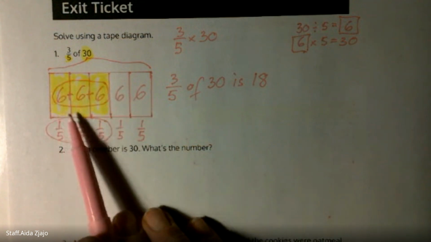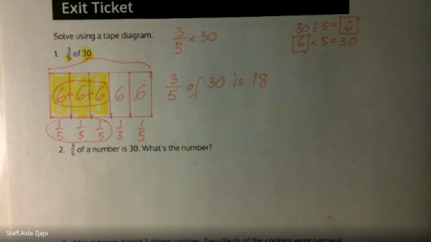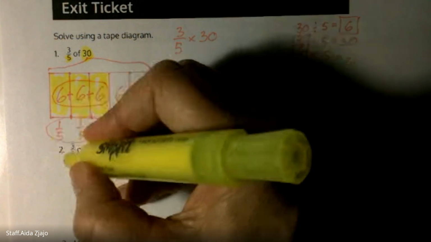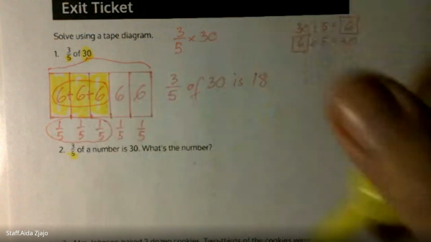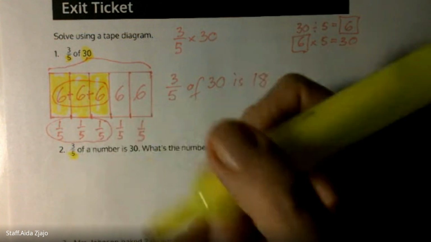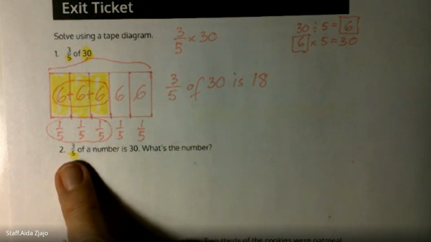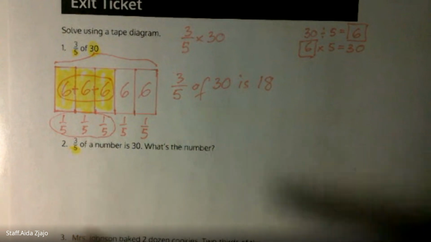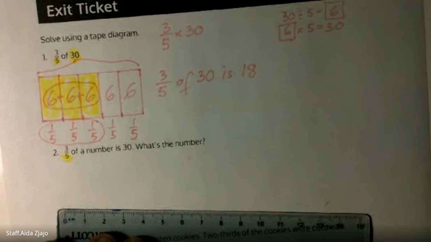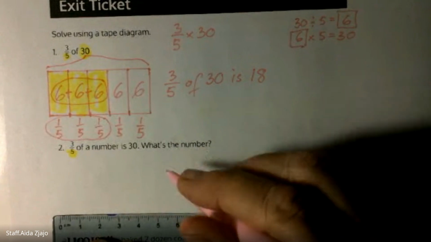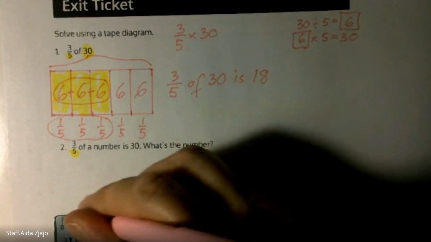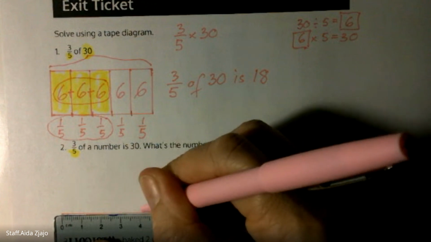This part represents 30. Still the fraction is the more important piece. It means I need again to have 5 pieces to represent this new problem.